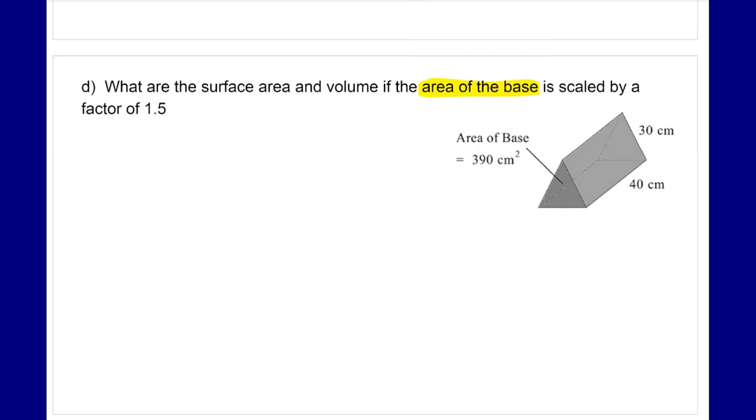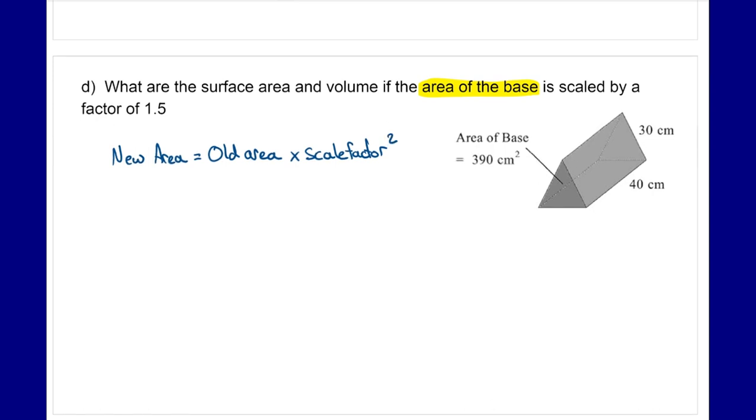When we talk about a scale factor, we're basically multiplying the area of the base. So our new area is going to equal our old area multiplied by the scale factor, but the scale factor is going to be squared.